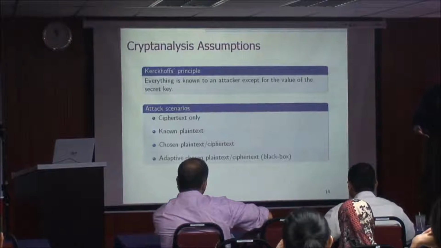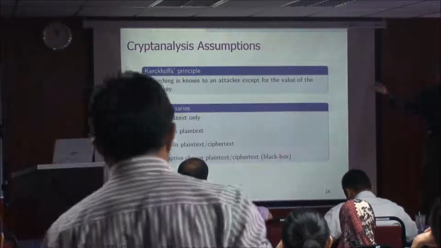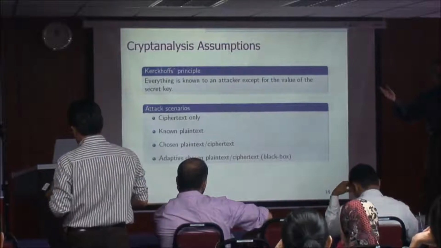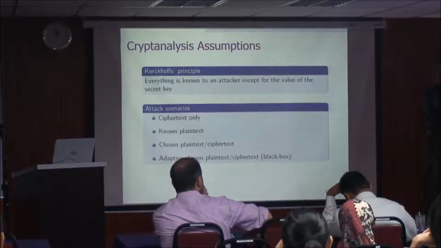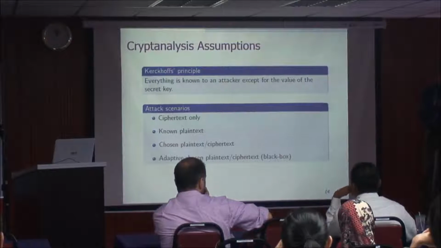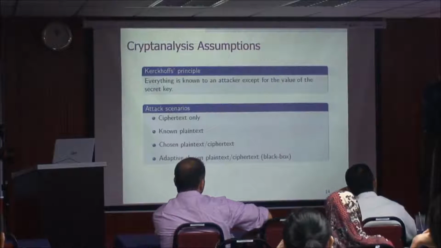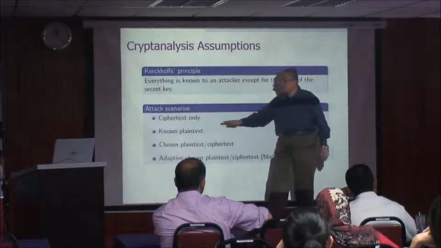But if I know that you're running Microsoft Windows 8, for example, and you're most likely going to be using a specific version of Microsoft Word, then the header of this file, I know it. Everyone will be able to know the header of the file. And if I look at the encrypted version of the file, then in this case, I have access to a ciphertext and its corresponding plain text, which means that I'm operating with this known plain text attack scenario.